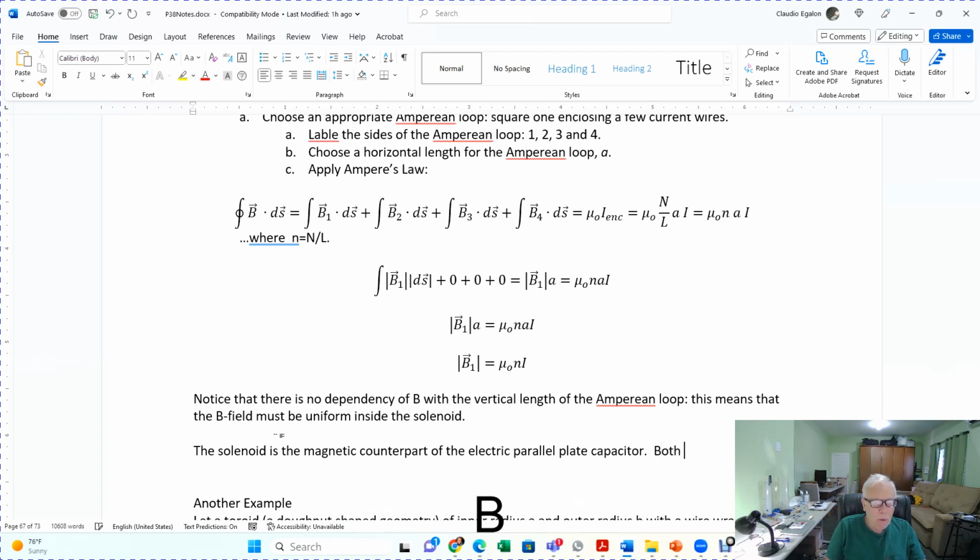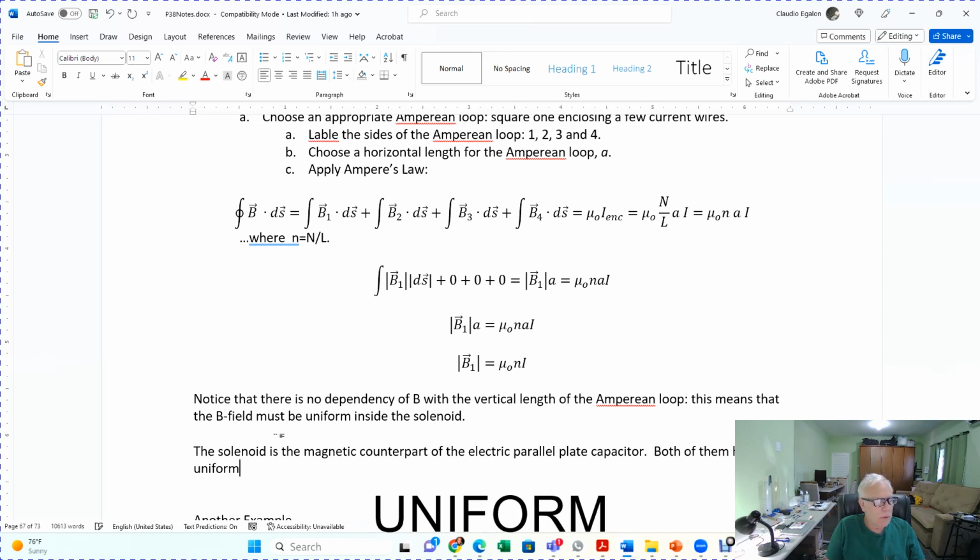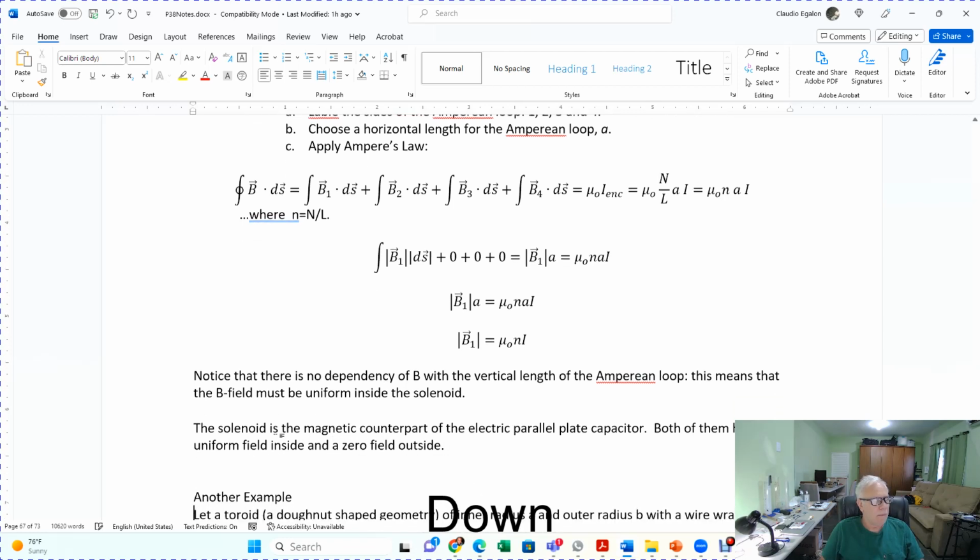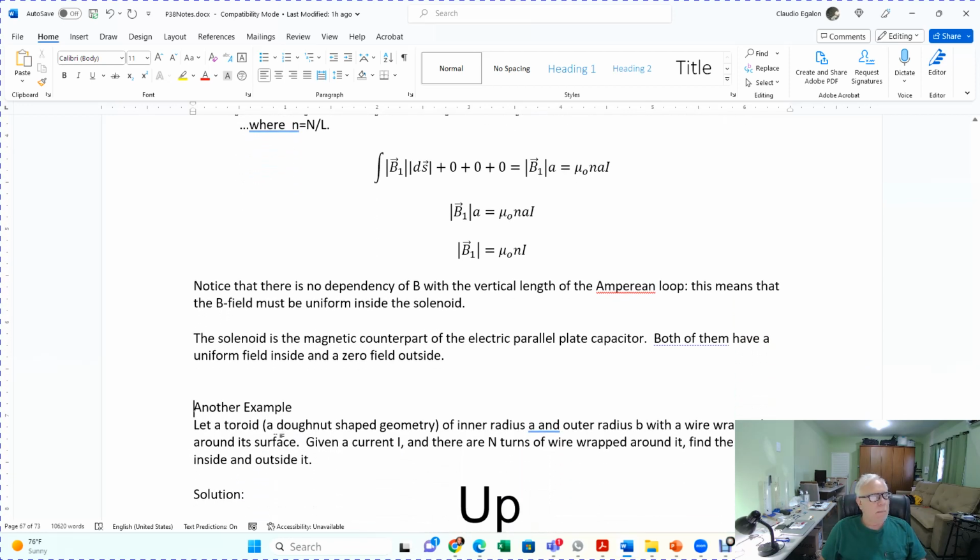Both of them have a uniform field inside and a zero field outside. So that's for the solenoid. Remember that. And this n, lowercase n, is the total number of turns divided by the length of the solenoid.